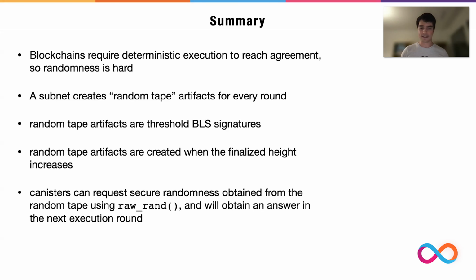The random tape artifacts are created, they go along with the finalized height, which is very important, such that the randomness is created only when messages are set in stone. They can no longer be taken back. And from this random tape, canisters can request secure randomness using some API that we saw, and they will get an answer in the next execution round, which will be then secure, independent randomness that they can use.